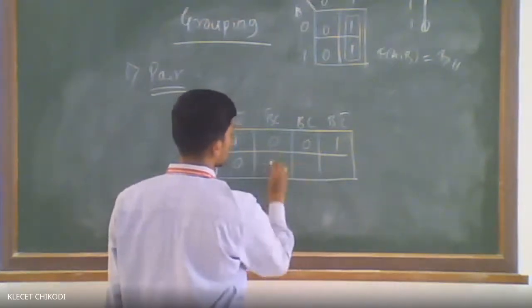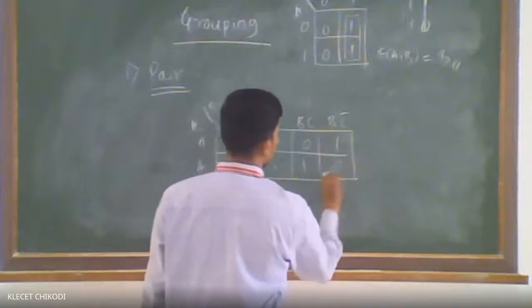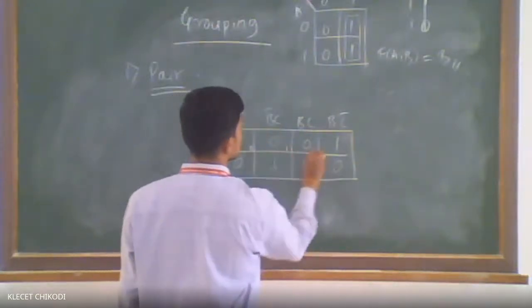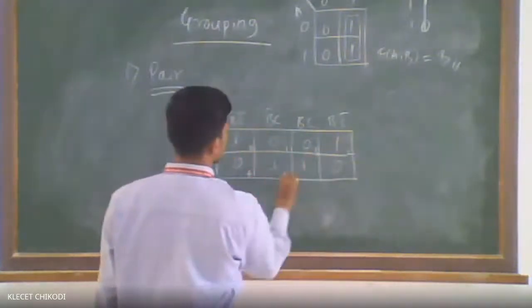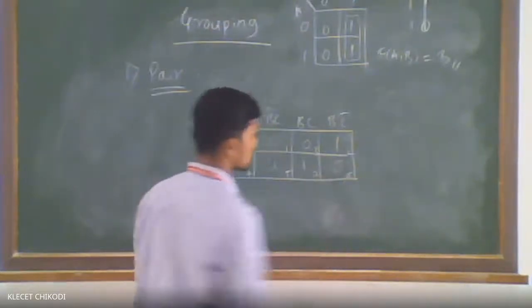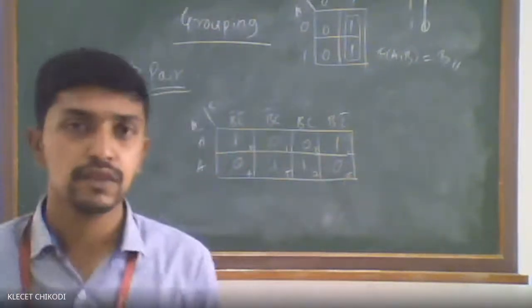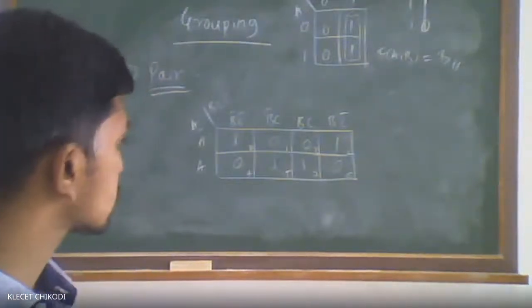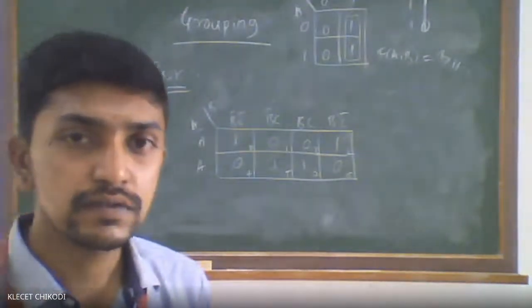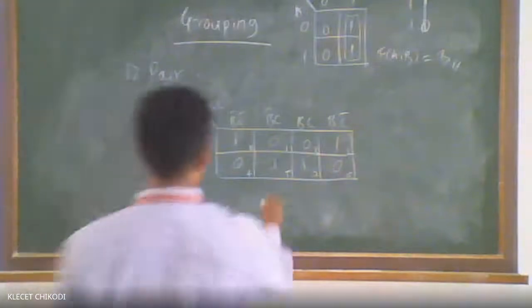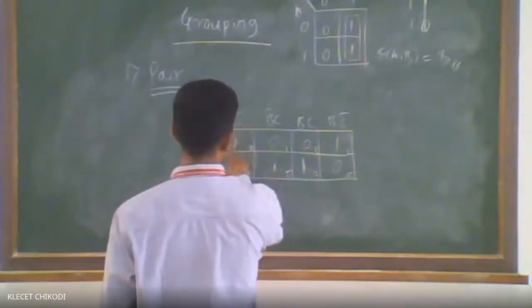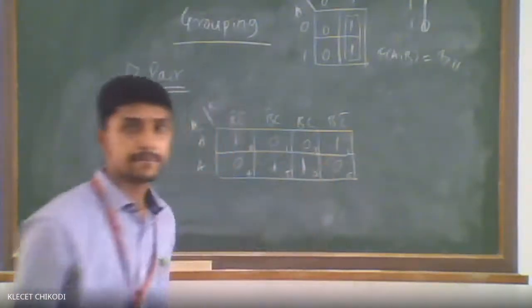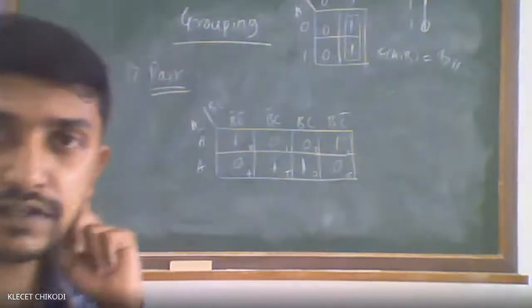Sorry, I will make it 1 1 here and 0. Cell numbers are 0, 1, 3, 2, 4, 5, 7, 6. Now just tell me what are the pairs. This is 1 1 here and here we have 1 1. Just tell me what are the pairs.